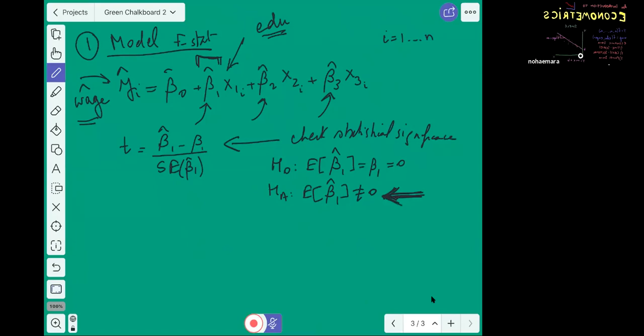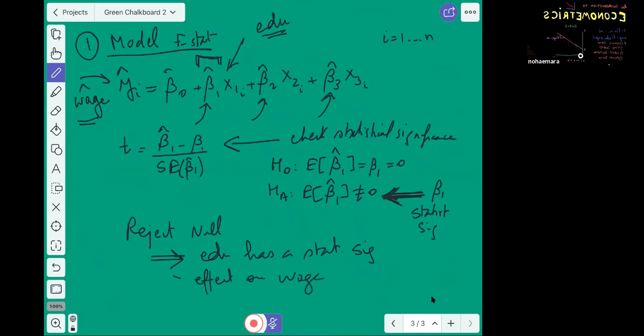The alternative is simply telling me that beta 1 is statistically significant, right? So you actually hope to reject. If you reject the null hypothesis, then you would conclude that education has a statistically significant effect on wage, or the predicted wage, right?